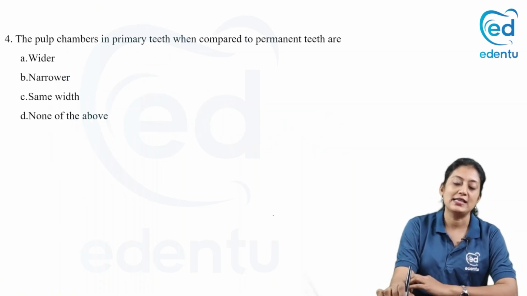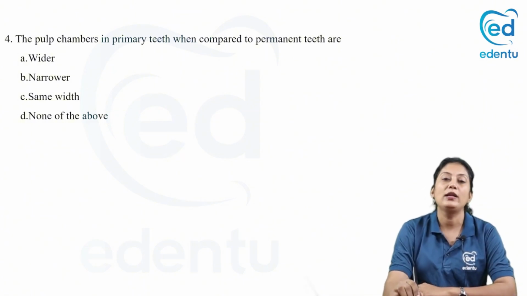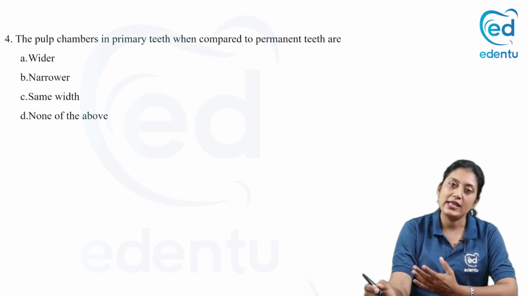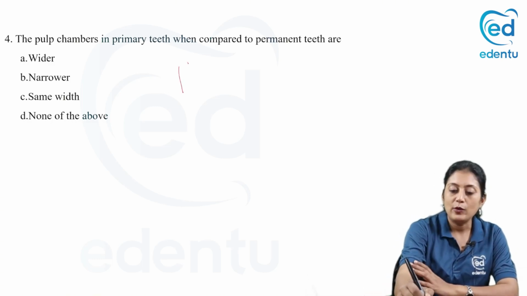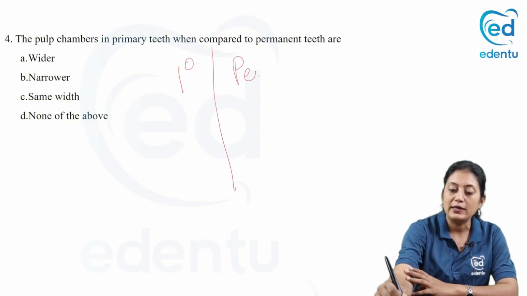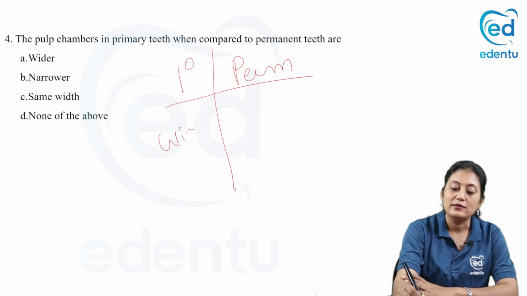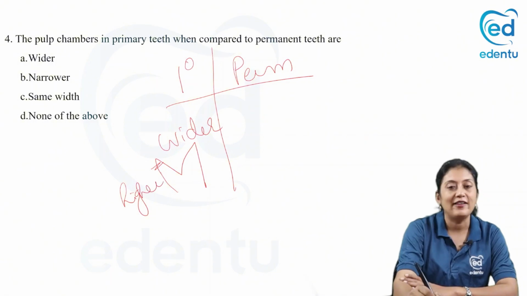The fourth question is, the pulp chamber of primary teeth when compared to permanent teeth, how will it be? Will it be wider, narrower, the same width as permanent teeth, or none of the above? Always remember, when you compare primary teeth with permanent teeth, the pulp chambers are always wide in the primary teeth, and the pulp horns are present at a higher level.